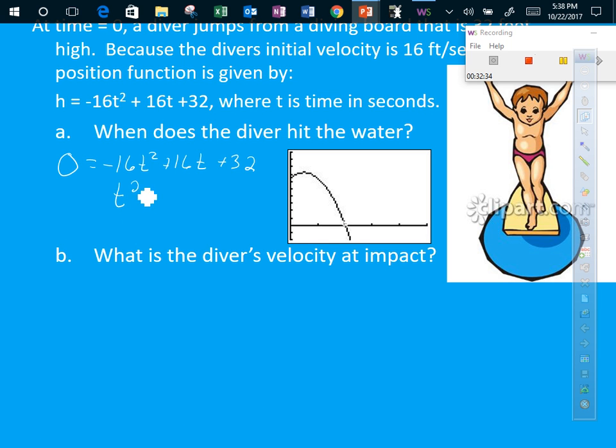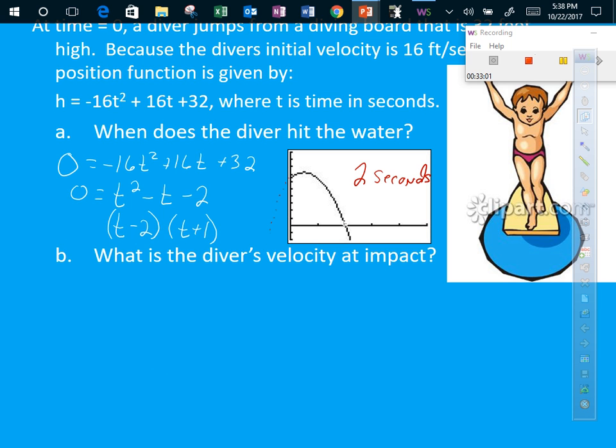That way I've got t squared minus t minus 2 equals 0. That's nice because it factors into t minus 2 and t plus 1. So it looks like he's going to hit the water at 2 seconds. I'm going to throw away the negative 1 because that would be this part over here.